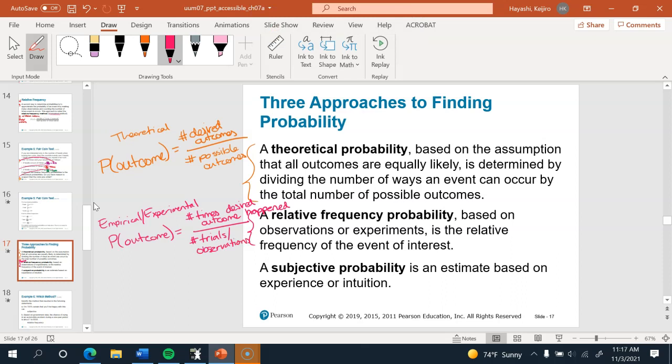But the important part of an empirical or experimental probability is that an experiment was actually done, something was measured.